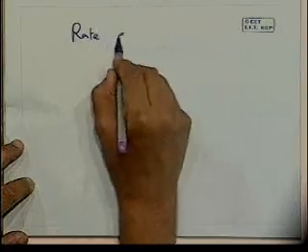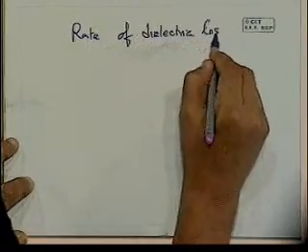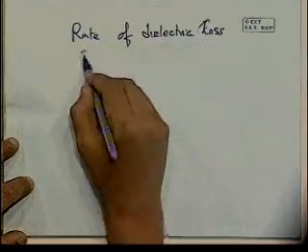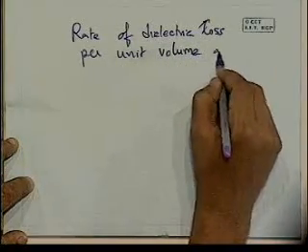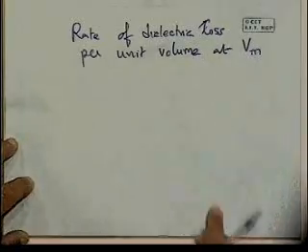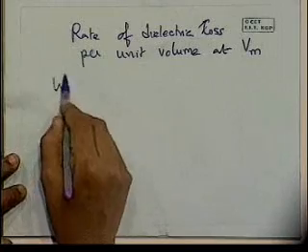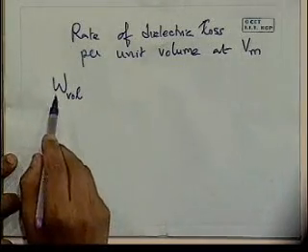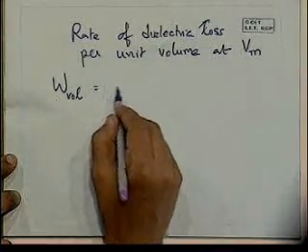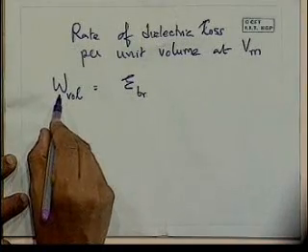Here's one more term that we will use, the rate of dielectric loss per unit volume at Vm. And we will use the term W subscript vol, which is the power loss per unit volume. We have seen this equation earlier for the power loss.